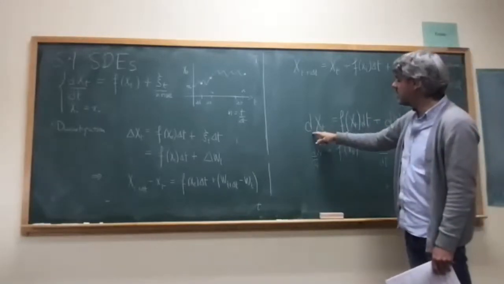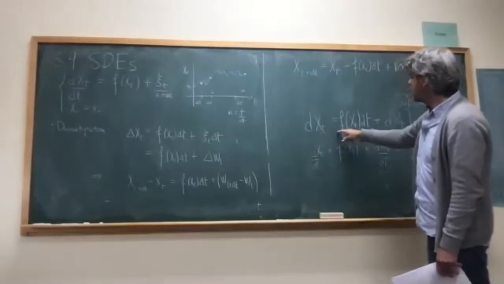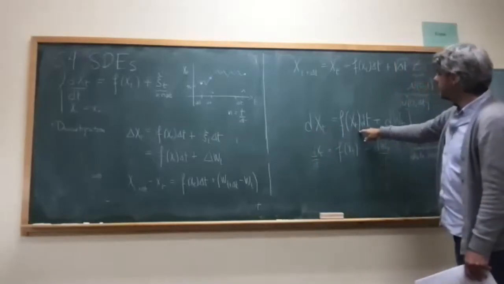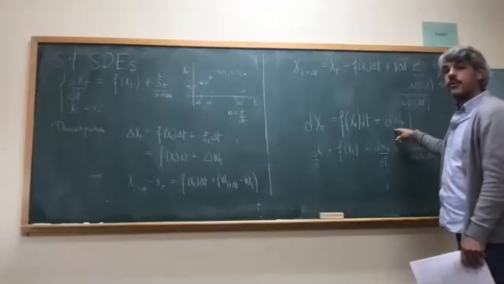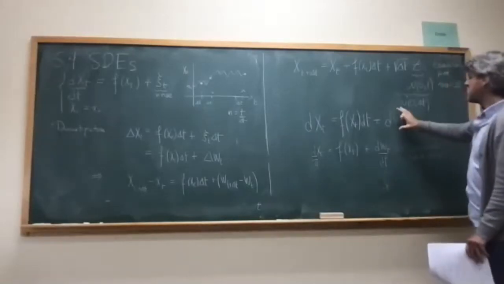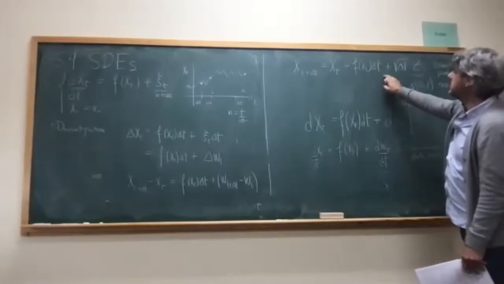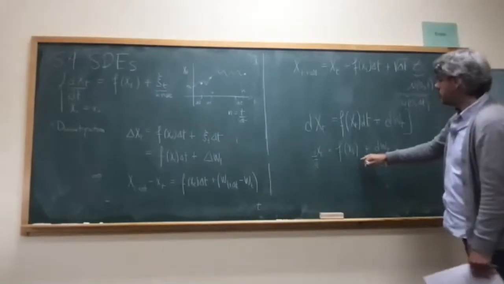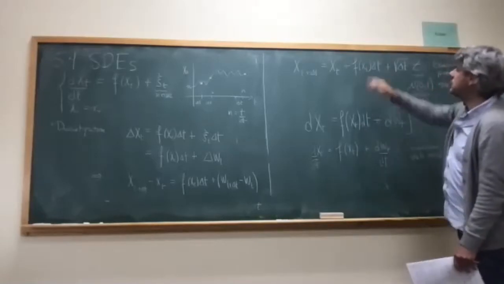You're only saying that the increment of the process is given by some deterministic push with delta t plus a small perturbation coming from a variation of the Brownian motion. Okay? And this is just a mathematical notation. What it means really is this. So this, which you'll see in physics, this, which you'll see in maths, really ultimately is just this.